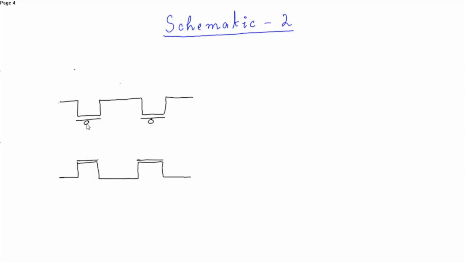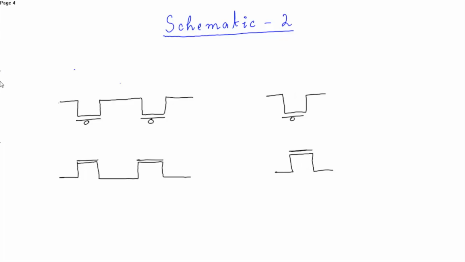Another, we have the inverter part. So 1 PMOS should be just below the PMOS, and 1 NMOS just below the NMOS.